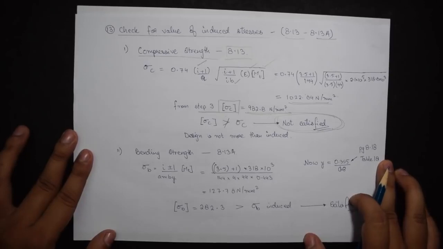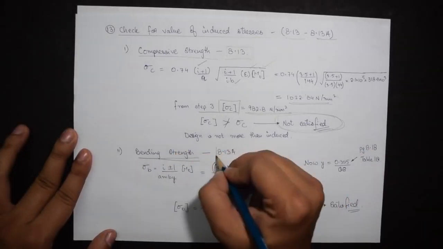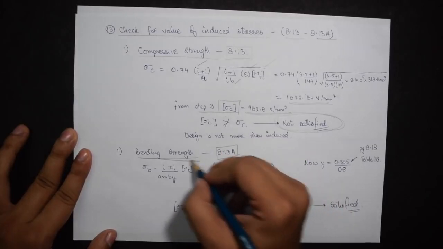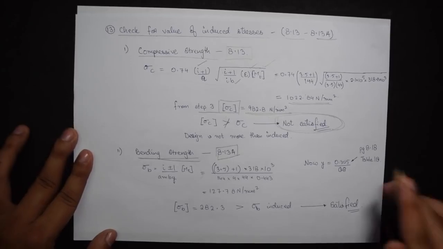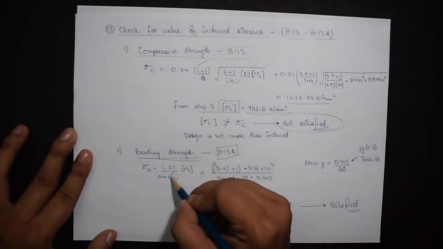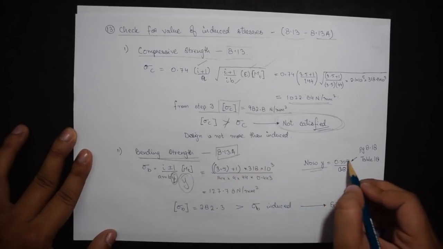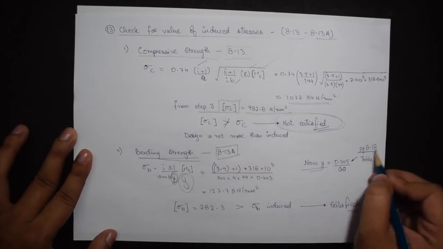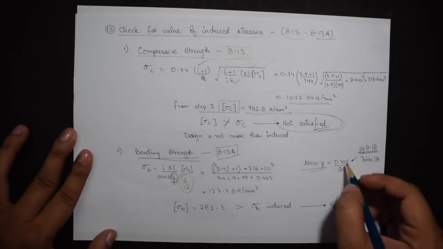Now let me just check with the bending strength conditions. So 8.13a gives me the formula to calculate sigma b. Over here, I think all of my values are known except the value of y. Now what is y? Y is given on page 8.18. Y is basically the form factor.